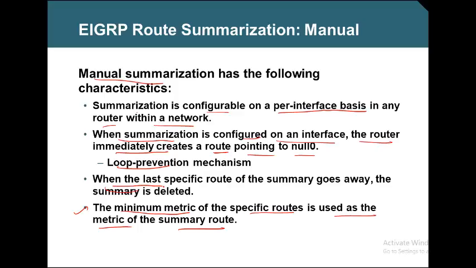Only if all the loopbacks go down. We have summarized 7 interfaces, right? Now, if one of the interfaces goes down, will the summary route go down? No. Only when the last specific route goes down, the summary will go away. Any question on this page?